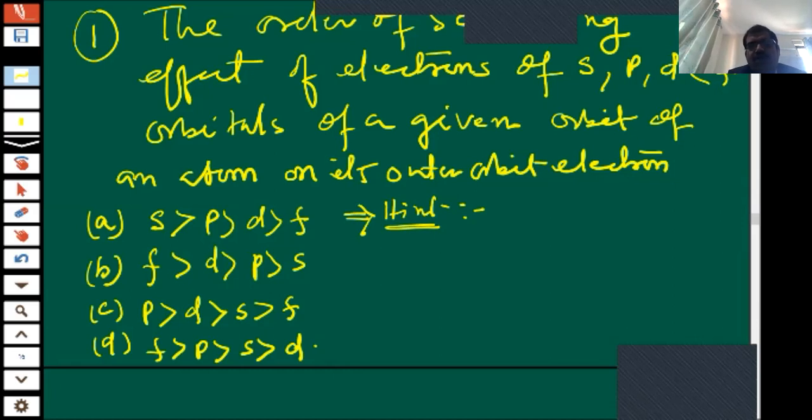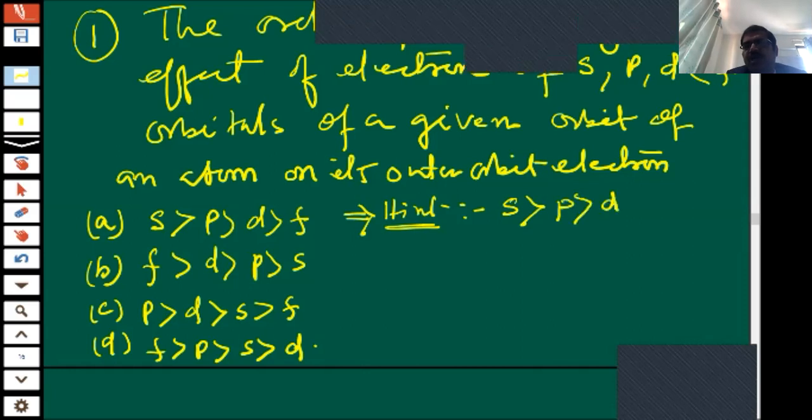The orbital which is nearer to the nucleus will screen more. In a given orbit, the S orbitals are nearer than P, then D, and then F. So those which are nearer will give more screening effect. So this is the information, children.